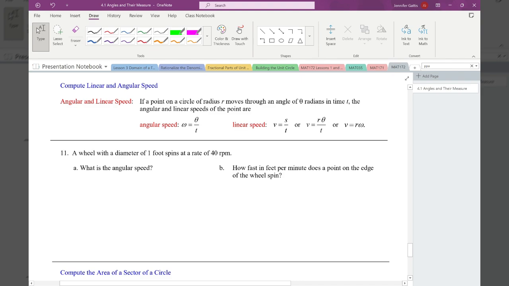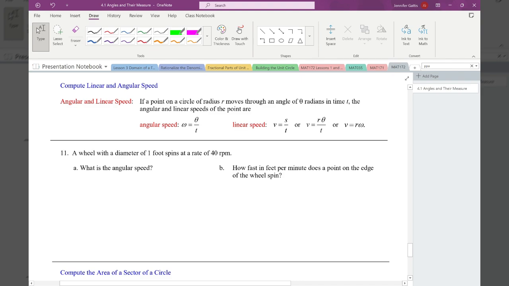Okay. So if we have a wheel that has a diameter of 1 foot and it spins at a rate of 40 RPM, then to find the angular speed, we kind of need to back up here.